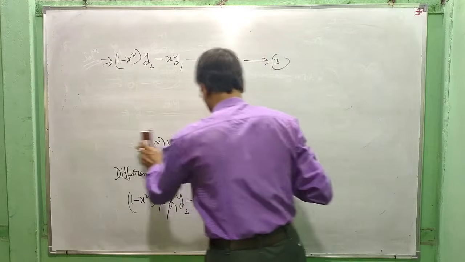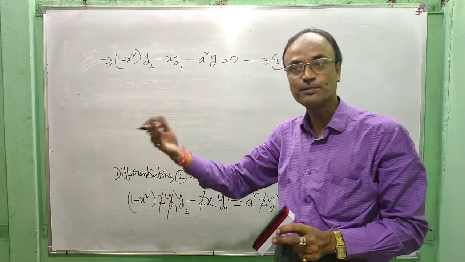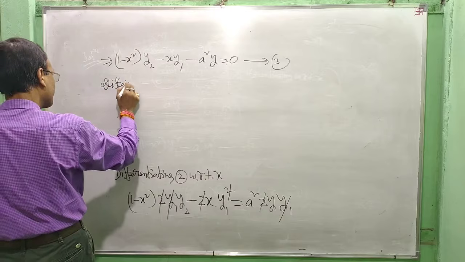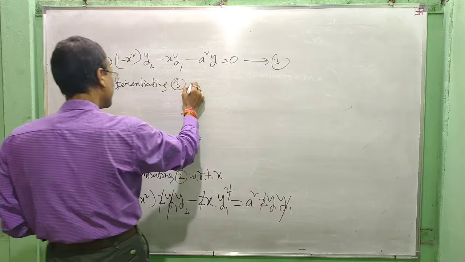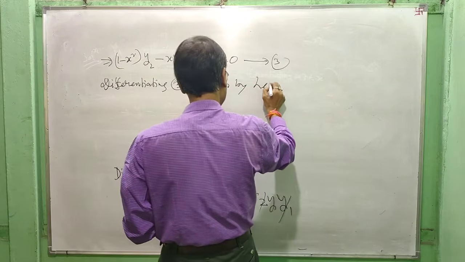This is number 3. Now differentiate 3, n times, by applying Leibniz theorem.